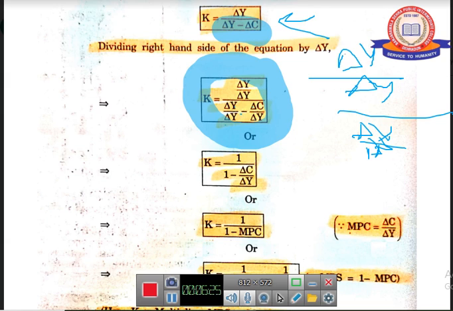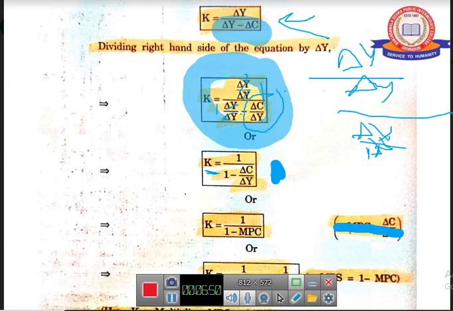Okay, so now divide, this will be cut 1, similar here 1, and the equation will be investment multiplier is equal to 1 upon 1 minus del C upon del Y, and we know that MPC is equal to del consumption upon del income.